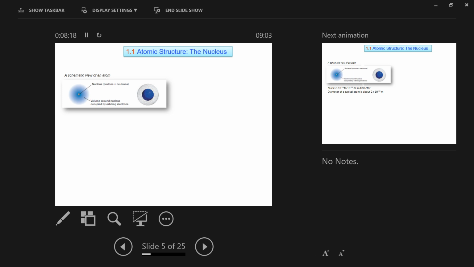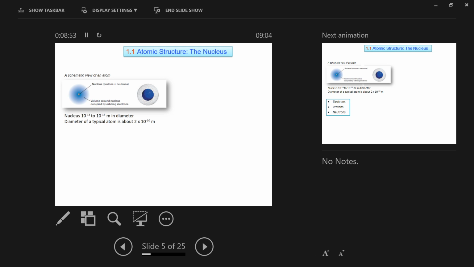Okay, then we take a look at the atomic structure, the nucleus. The atom basically is a small nucleus where we have protons and neutrons, and then a huge space where we have the orbitals, and that is where the electrons are flying. Okay, the nucleus is between 10 to the minus 14 and 10 to the minus 15 meters in diameter, very small, and the diameter of a typical atom, as you can see, is by far higher.